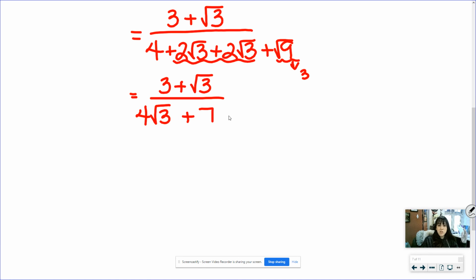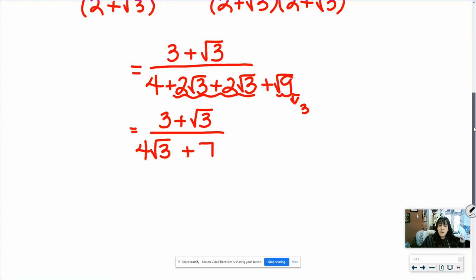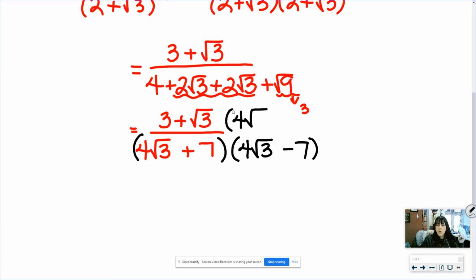Okay. Unfortunately, with this problem, it's like the longest problem ever because you're still not done. You have a radical on the bottom. So we're going to have to use a conjugate now to get rid of that radical on the bottom. Remember, you just change the sign in the middle to make it the opposite of what your denominator shows.